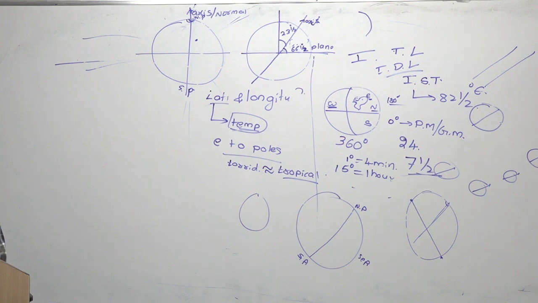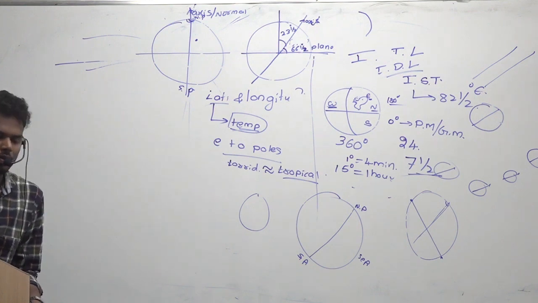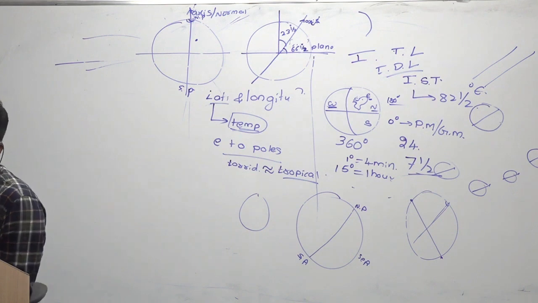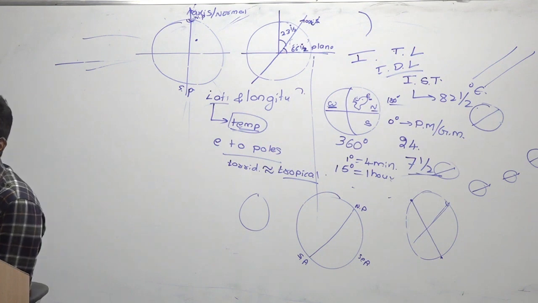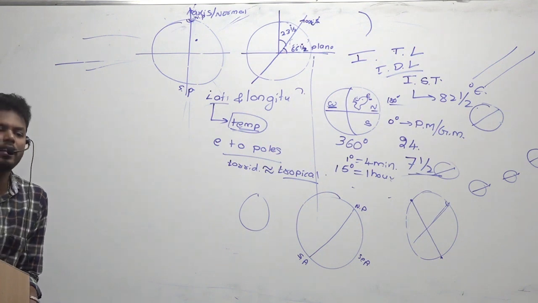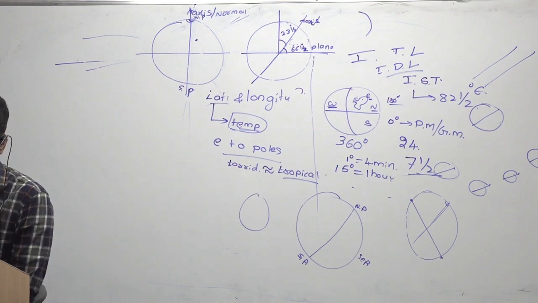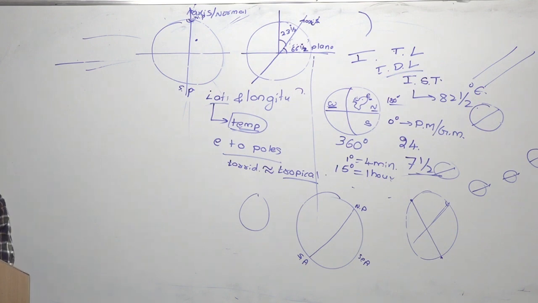This will also result in uneven distribution of insolation. Insolation means incoming solar radiation. Uneven distribution of insolation all throughout the globe.